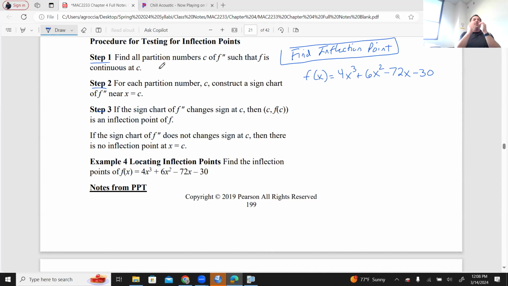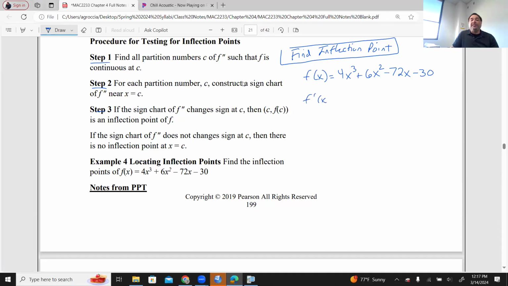Okay, so again, take the second derivative, set it equal to 0 and solve. Inflection point, step 1, we take the second derivative. So the first derivative is 12x squared plus 12x minus 72. The second derivative, you take the derivative again, 24x plus 12.